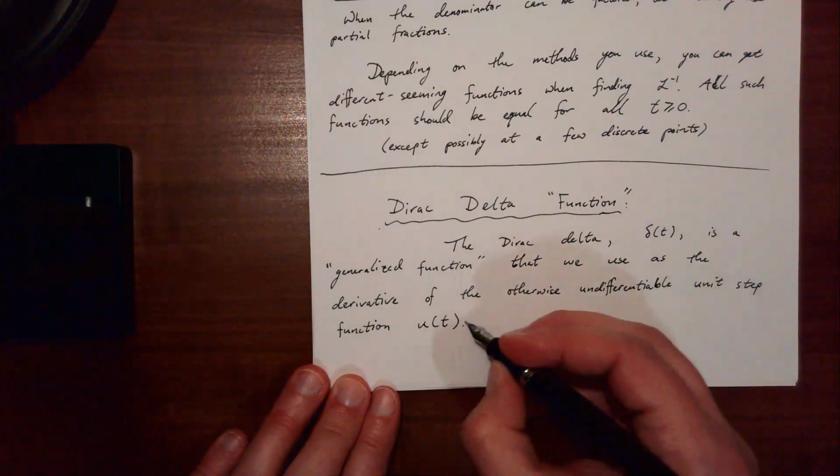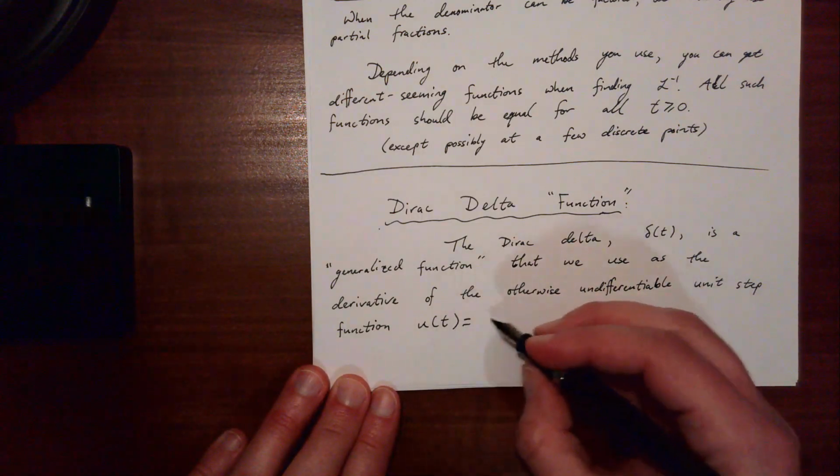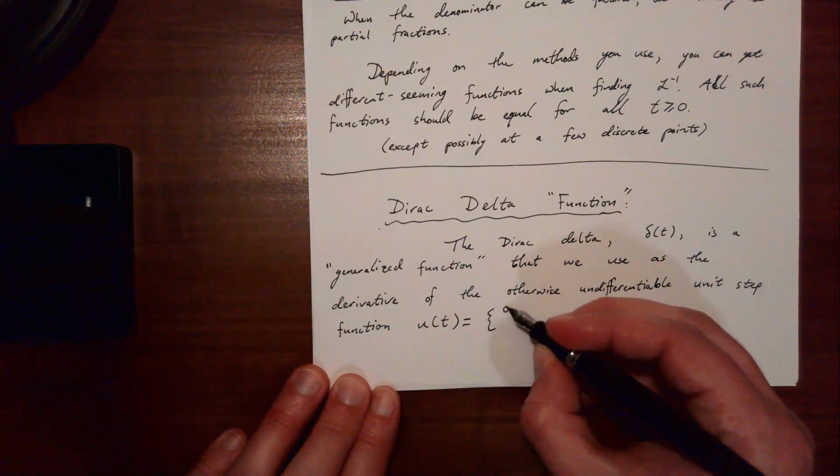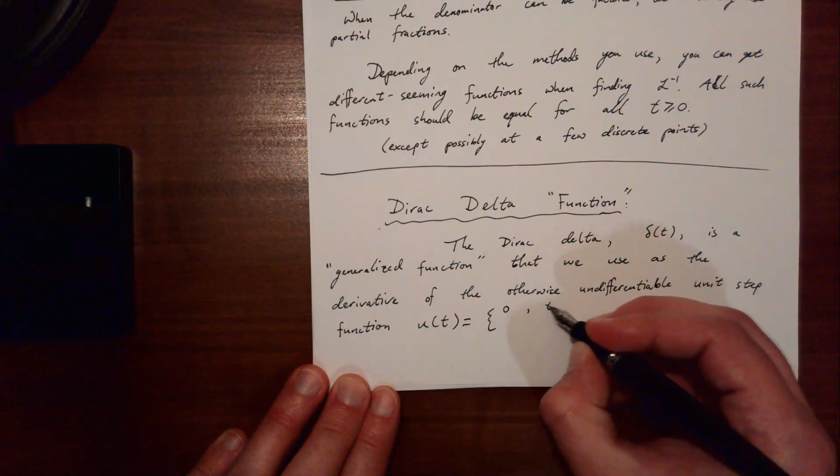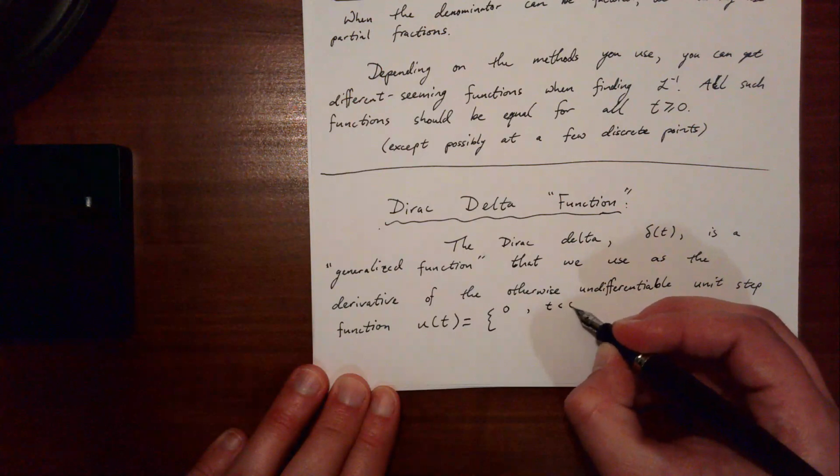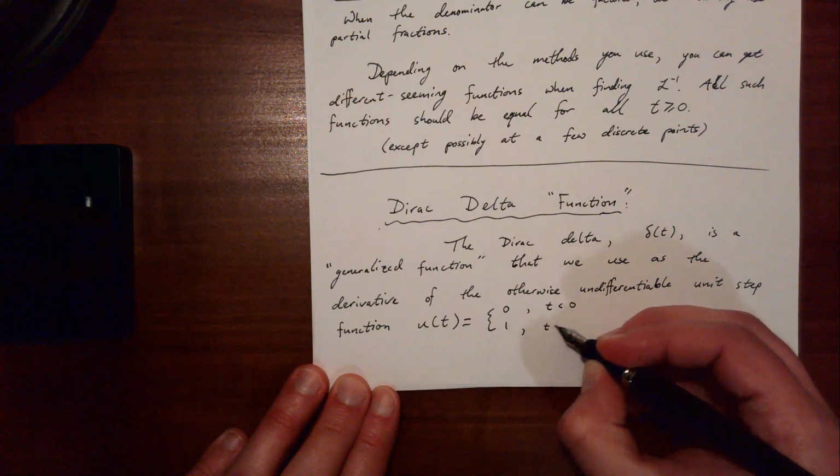And actually, just to remind you what u of t meant: u of t is the function that is 0 when t is less than 0, and it's 1 when t is greater than or equal to 0.